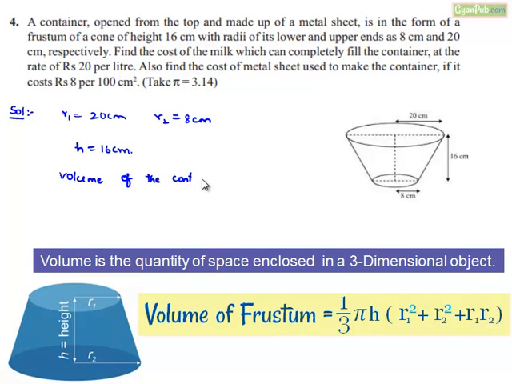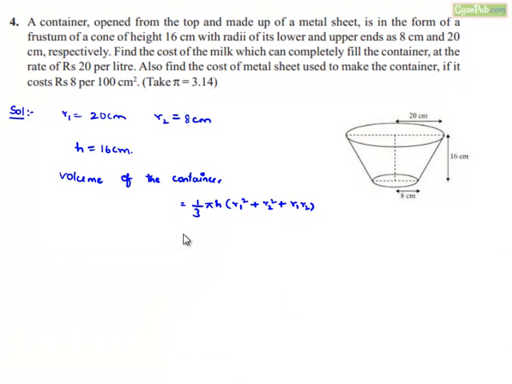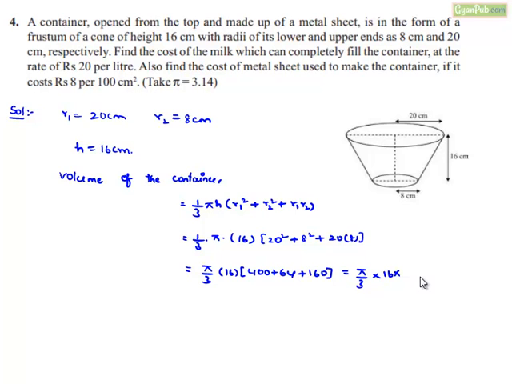As it is in the form of frustum, we have the volume of frustum as 1/3 of pi h into (r1 square plus r2 square plus r1 r2), that is equal to 1/3 of pi into h value 16 centimeters into (r1 square is 20 square plus r2 square is 8 square plus r1 r2 is 20 into 8), which is equal to pi by 3 times 16 into (20 square is 400 plus 8 square is 64 plus 20 into 8 is 160), which is equal to pi by 3 into 16 into (400 plus 64 is 464 plus 160 is 624).